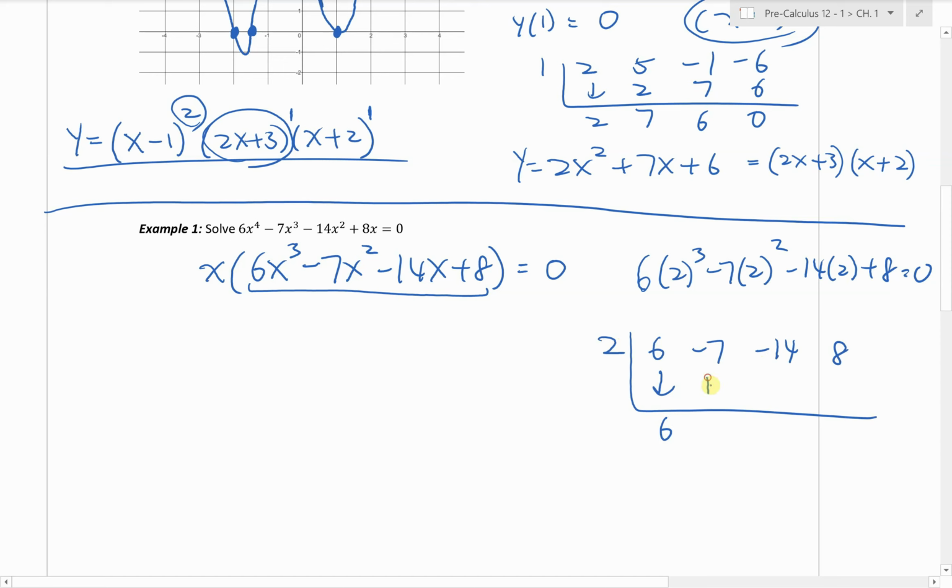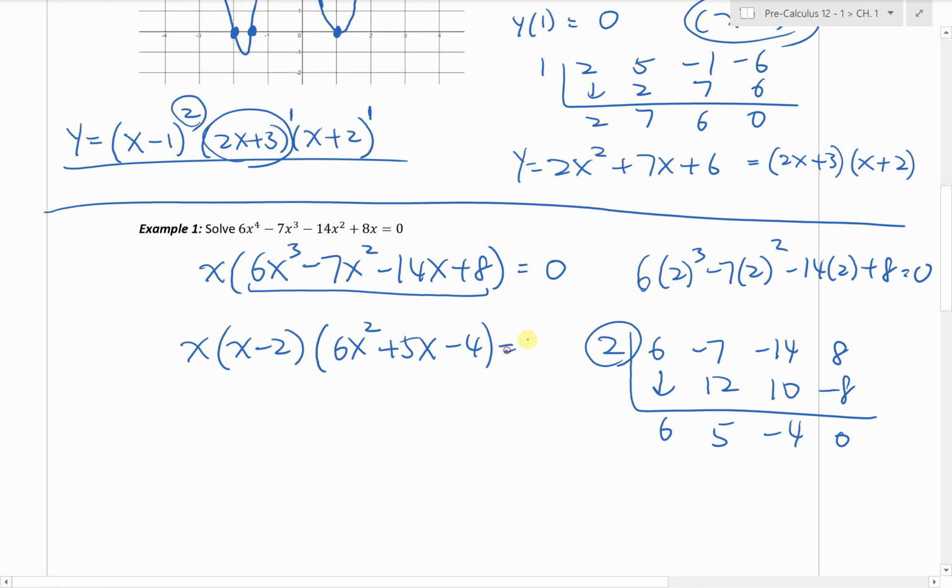This is 6, 12, add them together is 5, times 2, add them together is negative 4, times 2, add them together is 0. So this is going to be x times x minus 2, since 2 is the one that works, times 6x squared plus 5x minus 4 equals 0.